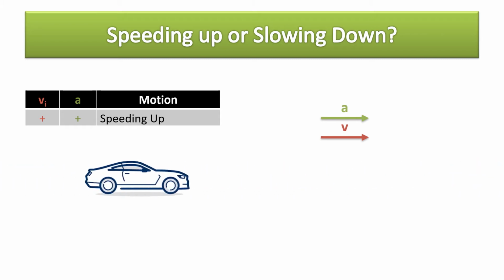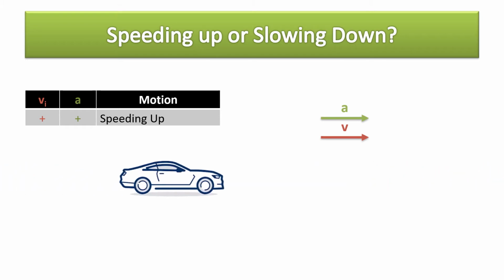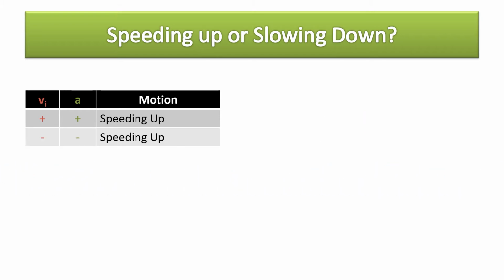Now, just because you have a positive acceleration doesn't mean that you're speeding up. What if you were moving to the left? So your velocity is to the left, but you're also accelerating to the left, in the same direction as your velocity. Your velocity is becoming more and more negative, which means that the magnitude of your velocity is increasing in the negative direction.